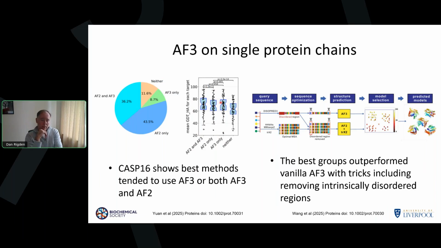So it is definitely a little bit better, at least. There are little tricks that some of these groups use to go beyond what vanilla AlphaFold 3 could do in terms of accuracy. One group realized that removing the intrinsically disordered regions improved the models a little bit. So if you want the absolute best model, or you've got an edge case where things are not quite falling into place easily, you might try tricks like that.